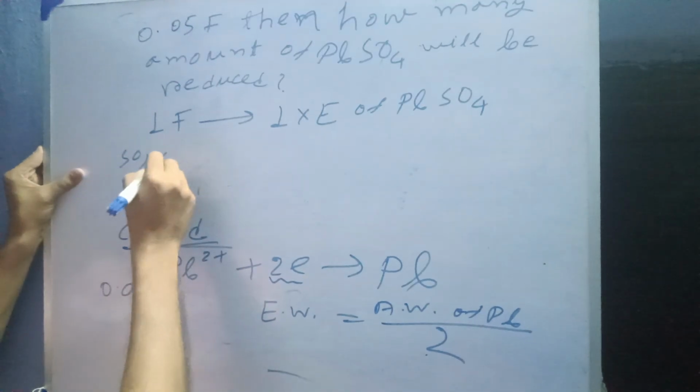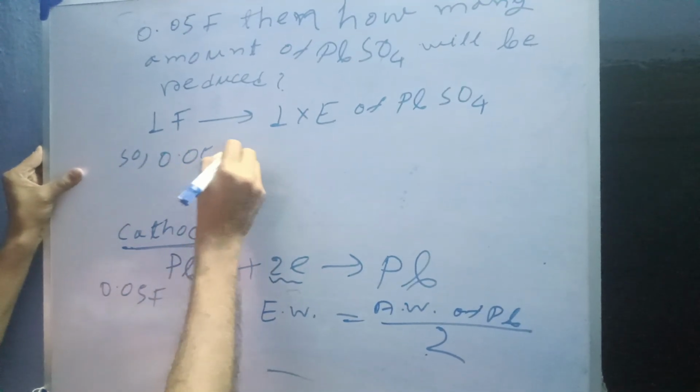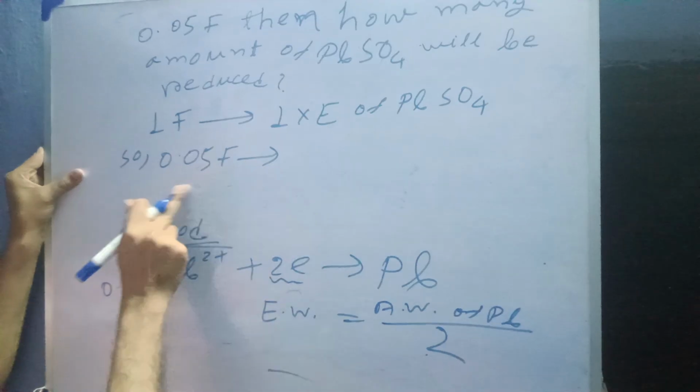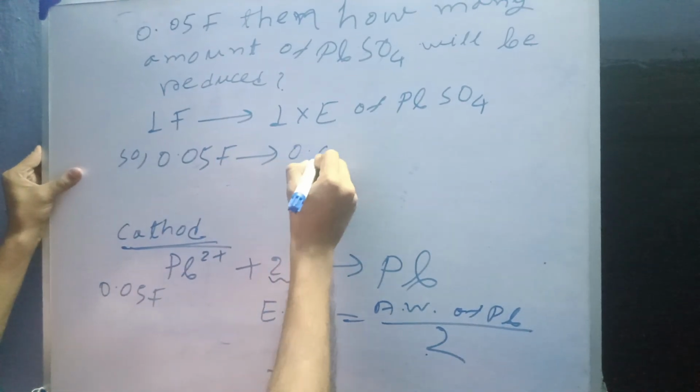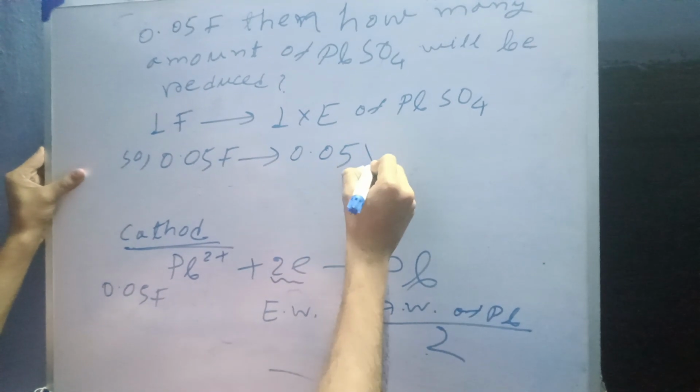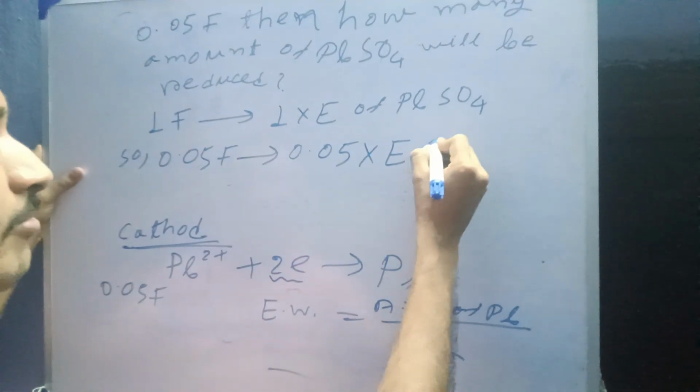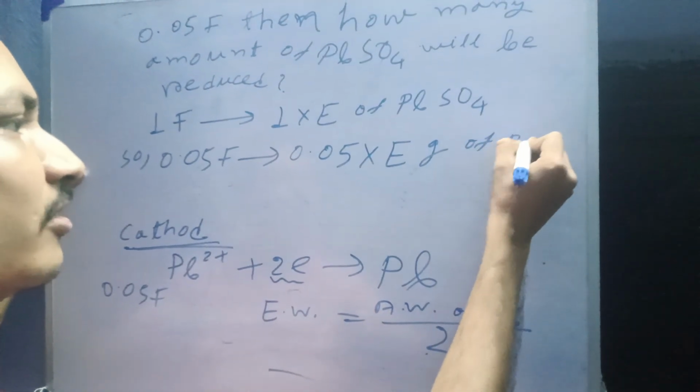So 0.05 Faraday of electricity can reduce 0.05 into E gram of lead sulfate.